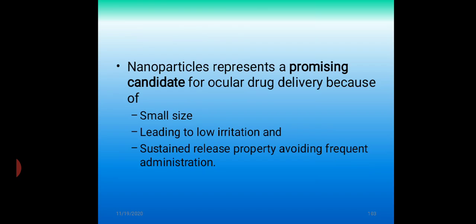The major advantages that make them promising candidates are small size, less irritation, and sustained release property, which helps in reducing the frequency of administration. As we know, even a small particle going into the eye will be very irritating for us. But the size of these nanoparticles is very small. It never produces any sort of irritation after administration of the drug into the ocular cavity.